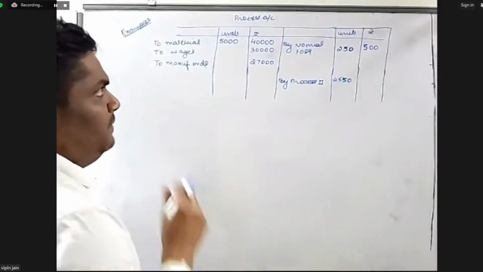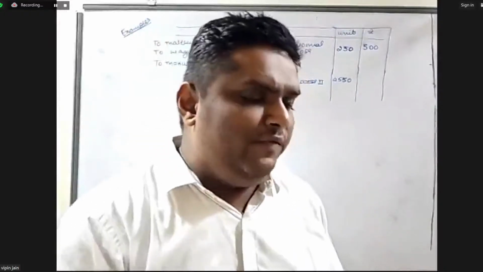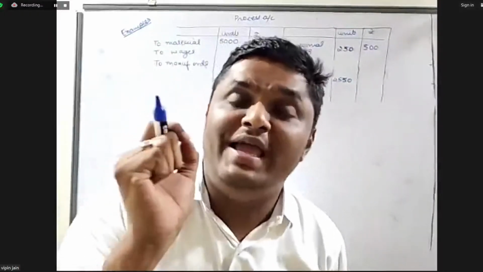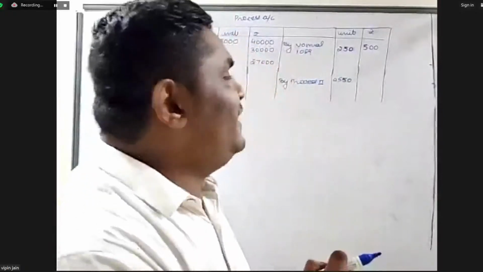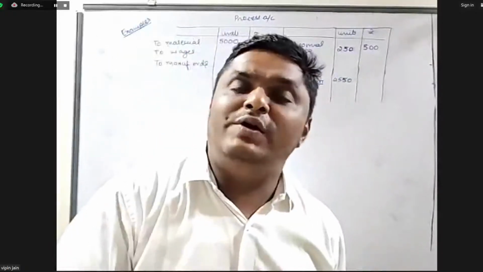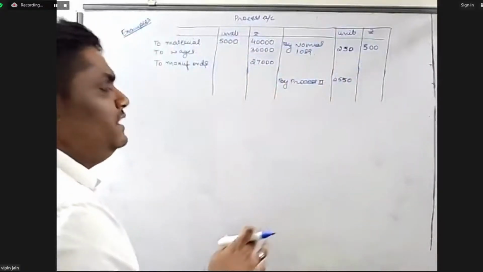So 5,000 is my input and 250 is my normal loss. It means my estimated or expected production was how much? 4,750. However, when the actual figures came out, my actual production is only 4,550.